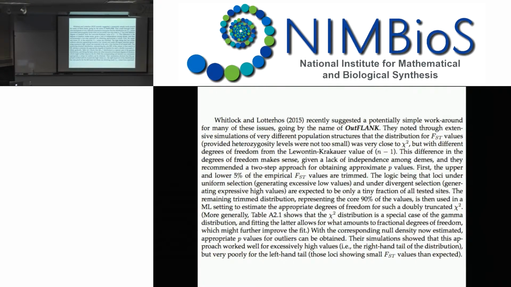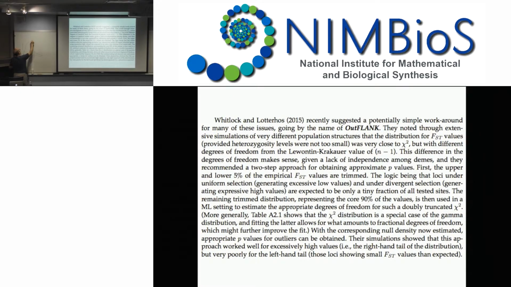So one interesting recent suggestion to get around that from Mike Whitlock's lab is this cute idea called OutFLANK. Very, very clever. And basically, here's the idea. It's again based upon outliers. And so the idea is, here is what a chi-square typically looks like.